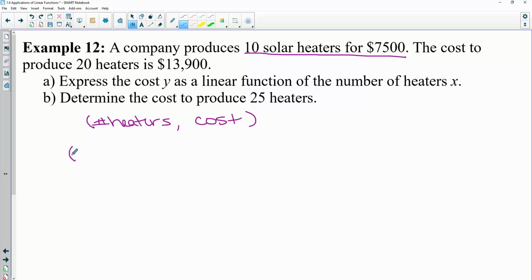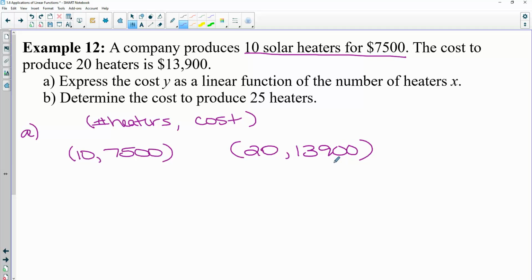So my number of heaters was 10 and the cost was 7,500. Okay, and then I said for 20, so my number of heaters is 20, my cost was 13,900. So I didn't give you the slope and y-intercept, but I gave you two ordered pairs. How do you write your equation from two ordered pairs? We need our slope. y2 minus y1 over x2 minus x1.